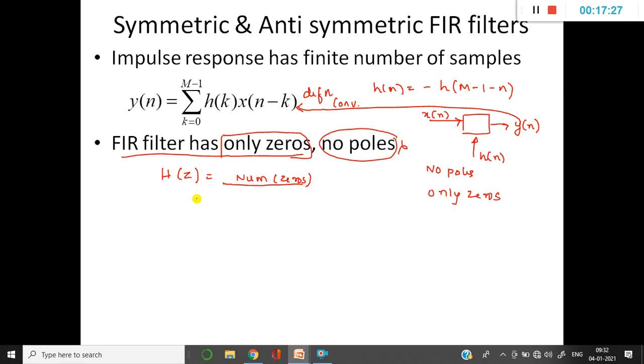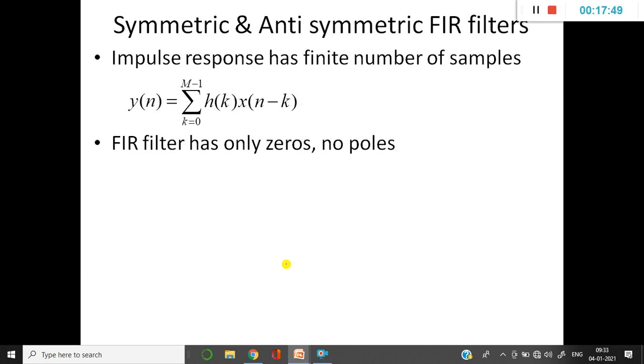No poles at all. That's how FIR filter design looks. In such cases only can I obtain linear phase. That's a very important point that each one of you should remember. The FIR filter does not contain any poles; it contains only zeros.